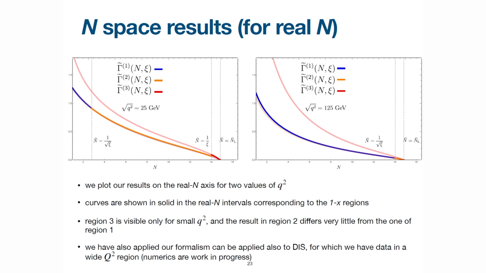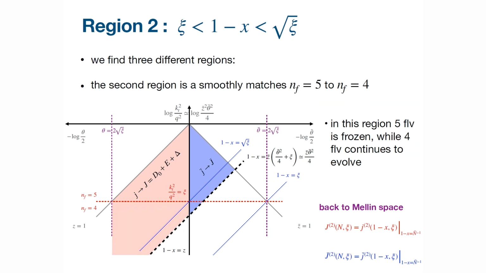The other thing you discover is that here there are 2 lines which are superimposed, and essentially it turns out that this intermediate region, from a numerical point of view, for this process is completely identical to the first region, just drawn also in here. So the effect of this region from a numerical point of view is tiny.